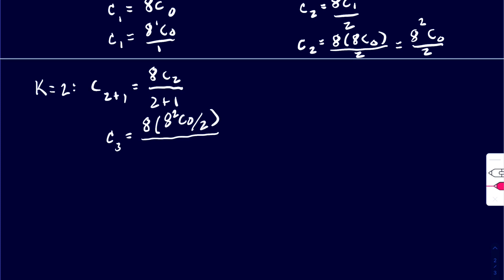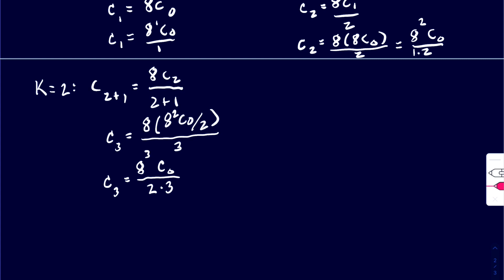So c3 ends up being 8 cubed c0 over 2 times 3. So now we need to look at the potential of factorial, because we would have 1 times 2 in our factorial.